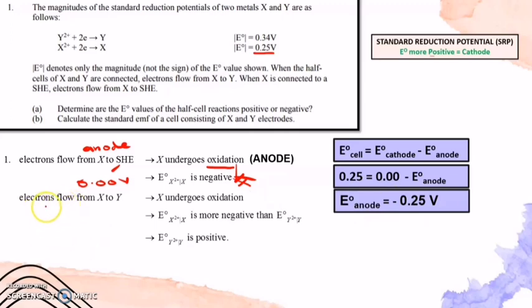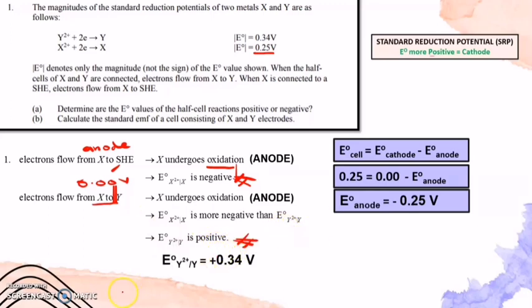Second one, we know that electrons flow from X to Y when X is connected to Y. So in this case, X is still the anode as electrons flow from X to Y. So X undergoes oxidation, and X will have a more negative value of E naught compared to Y. Thus, when we compare the values 0.25 and 0.34, 0.25 is more negative, so Y must have a positive value.